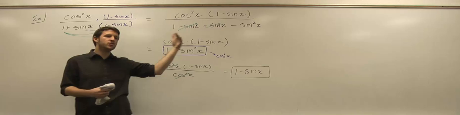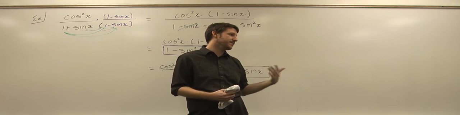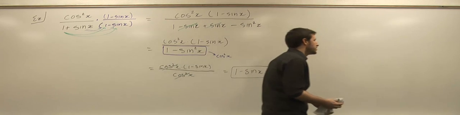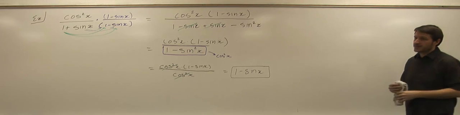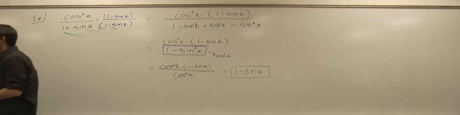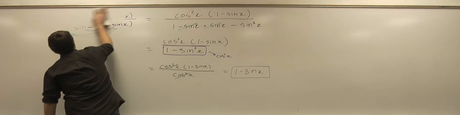Because if you've made some stupid error on the first step of your identity, you're going to sit there for days trying to figure out how to get that identity to work out. So raise your hand and say, is this going to get me where I need to go? I'll say yes or no. I won't tell you how to do it, but I'll say you made a mistake, you better start over, you better check your work. But anyway, let's just do some and see if we can get a knack to this.